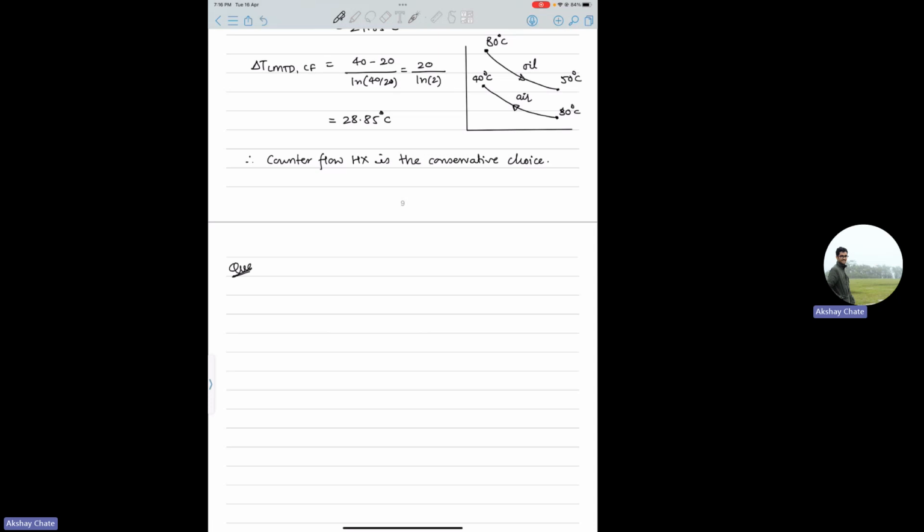So in this question it is mentioned that a balanced counterflow heat exchanger has surface area of 20 meters square and overall heat transfer coefficient U as 20 watt per meter square Kelvin.